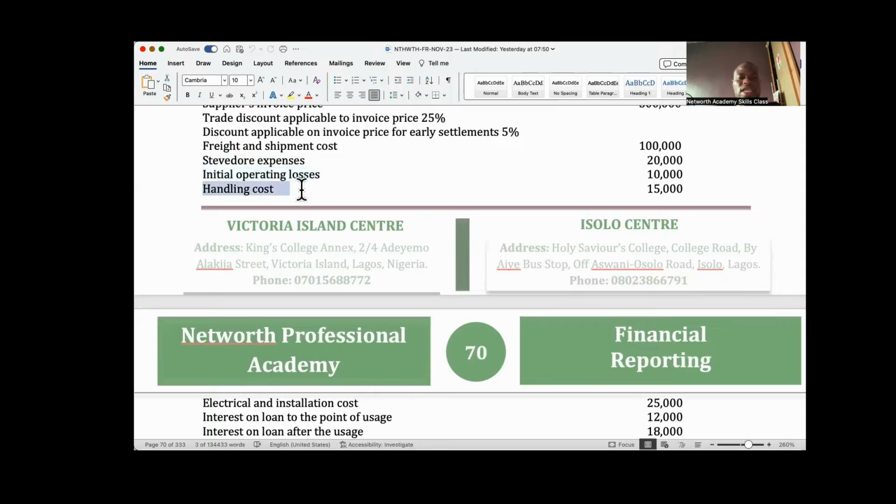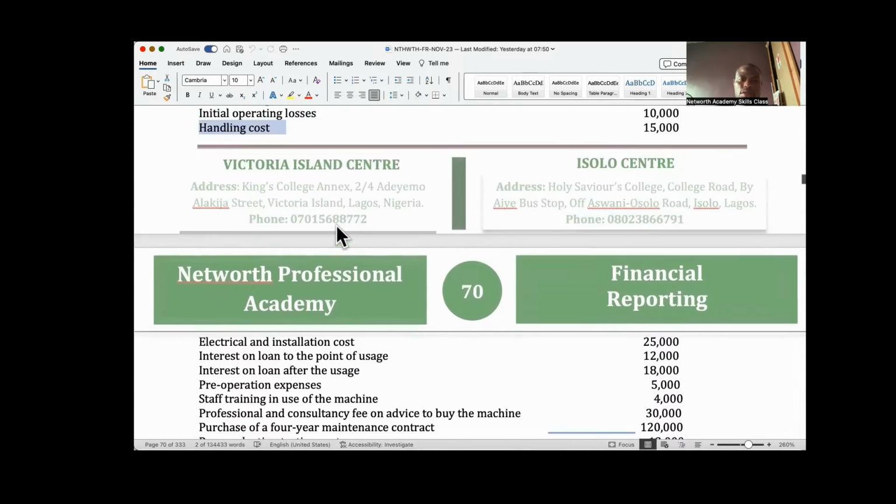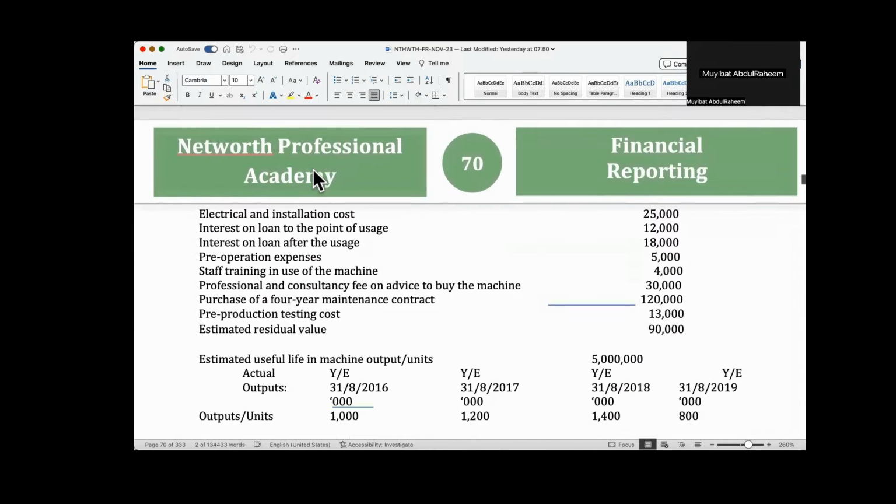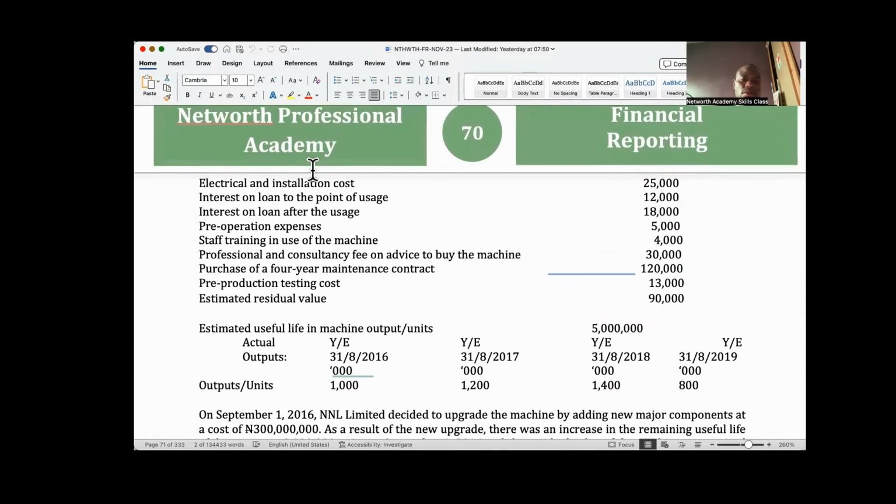The next one is handling costs. Are we capitalizing handling costs? Are we capitalizing admin costs? Yes. Okay, yes. Hope you are not doubting the answer.